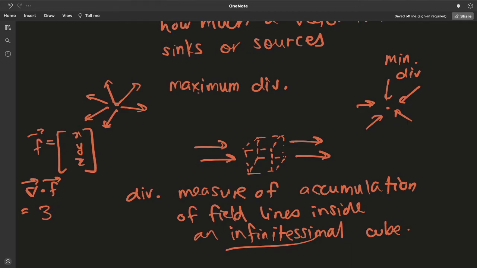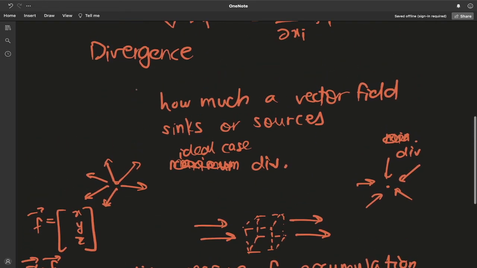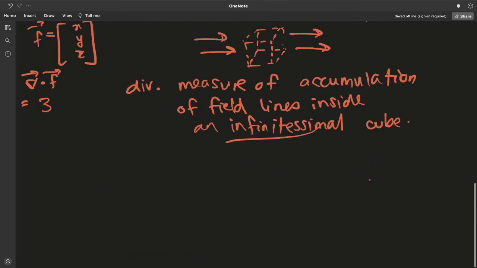This is not the maximum divergence per se, because you can have crazy functions that become really large, but this is the ideal case for the divergence. And this is the negative ideal case, the opposite of that, and that makes sense because of what the name suggests, divergence. Stuff must come out from a point. This is a convergence, so think about it that way.